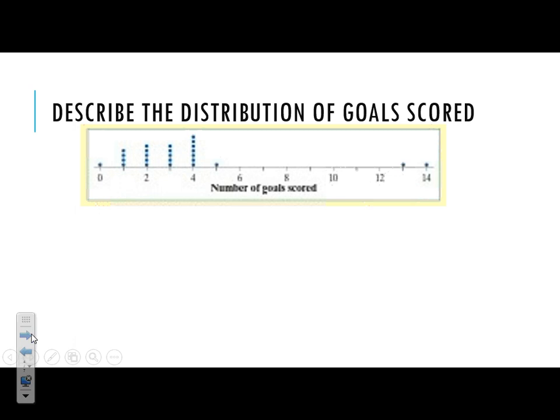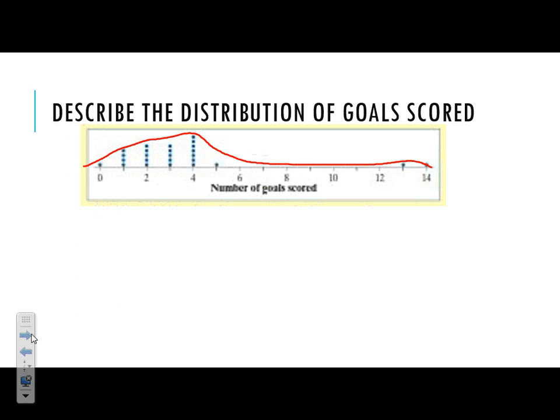So let's start out with shape. Now, when we take a look at this distribution of data, a couple things should kind of jump out at us. Sometimes I'll just sketch out a rough shape of the data. So if I do that here, all right, we kind of have a single peak, right, which means we would describe it as unimodal.